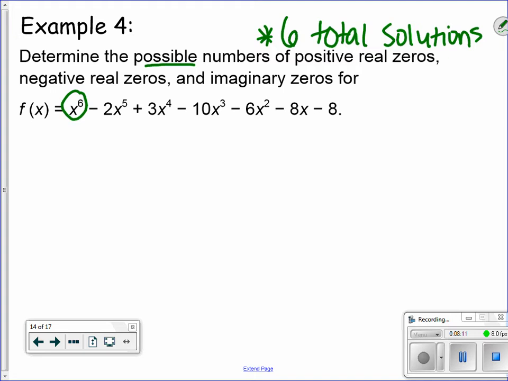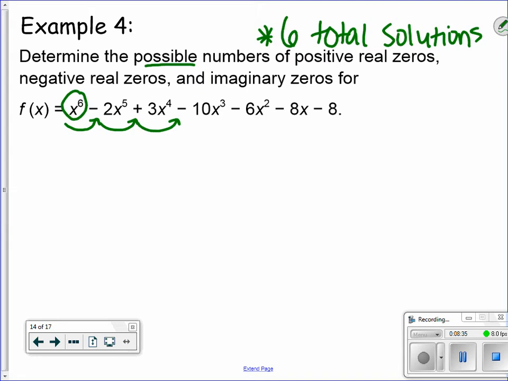Okay, now I want you to make note, the signs are obviously in front of the terms. So we've got a positive x to the 6th, and then it goes to a negative 2x to the 5th. So I want you to make an arrow every time you see a sign change. And we saw a sign change there, so that's 1, and I see a sign change here. That's another sign change.